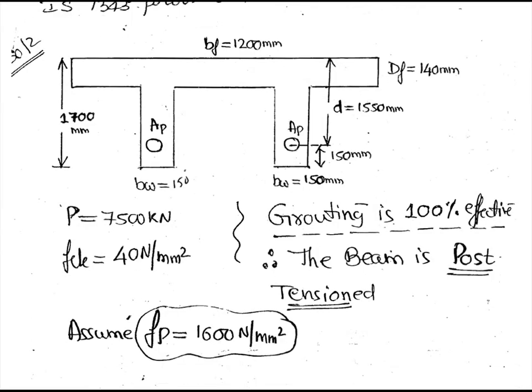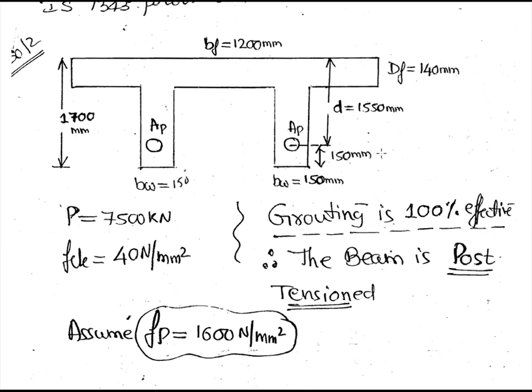So this will be the type of beam which is given in the question. The overall width is 1200 mm, overall depth is 1700. Each web is having the width of 150 mm. So this will be the flange depth df.